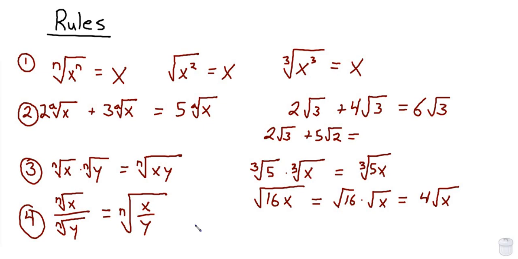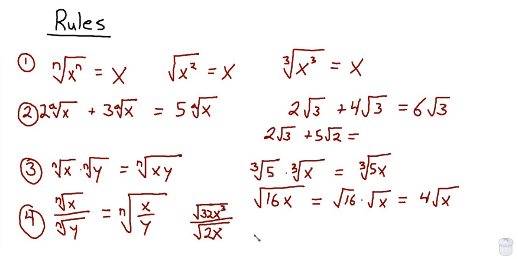Let's say we've got the square root of 32x cubed over the square root of 2x.